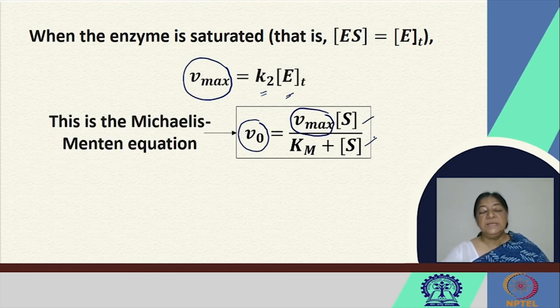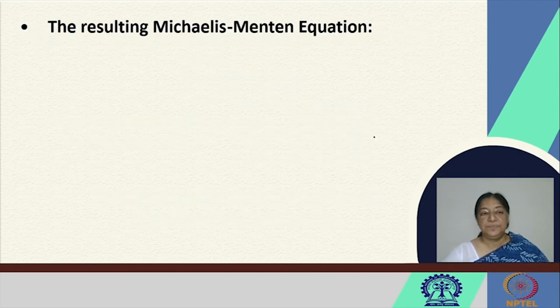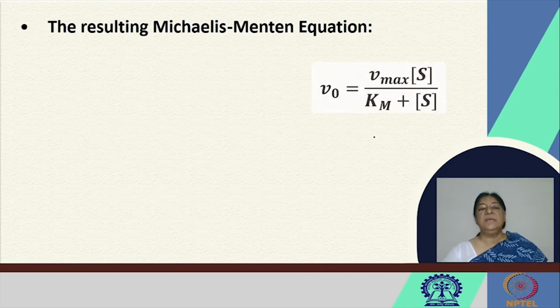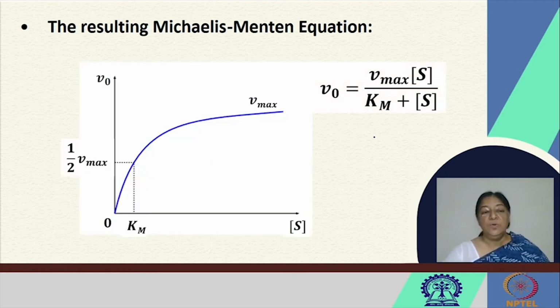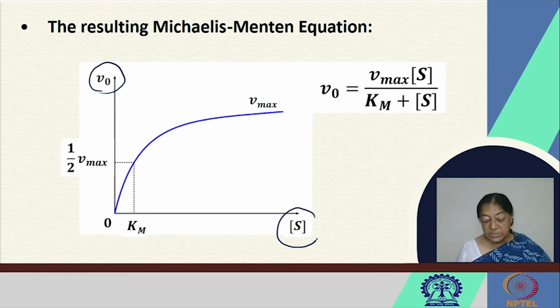This is the Michaelis-Menten equation, and the rate equation is for a one substrate enzyme catalyzed reaction. Now, the resulting Michaelis-Menten equation that is shown here can now be looked at, where we have V0 versus the substrate concentration.